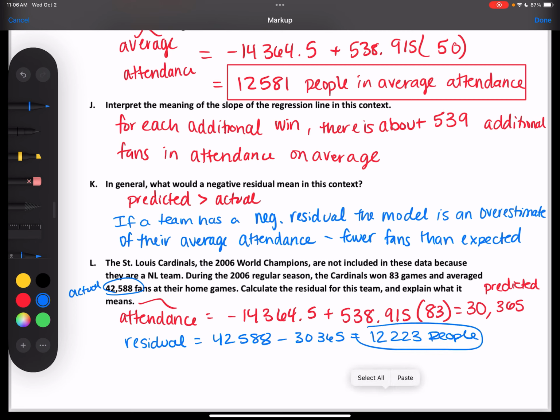So, what does that mean? Is this an overestimate or an underestimate? It's an underestimate, because more people came than expected. So if it's positive, that means it's an underestimate. So, the model is an underestimate for the Cardinals.